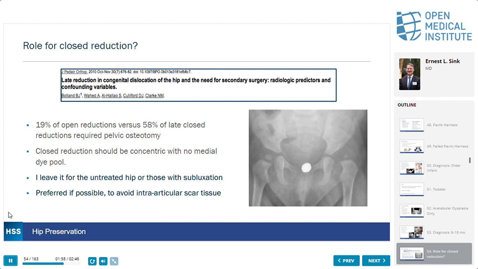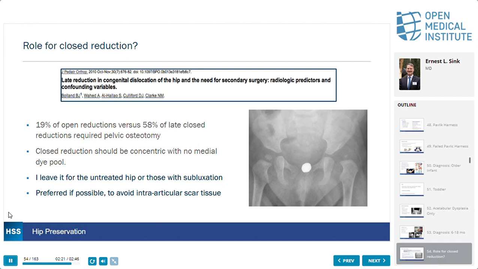So I don't want to take a 4-month-old and try to do a closed reduction, but I do. So if they show up, you very rarely see a 4-month-old with a dislocated hip, but if they do, 6 to 8 months I'll try a closed reduction. But I think at 10 months you can do either, so I wait. There's a lot of variation in it.